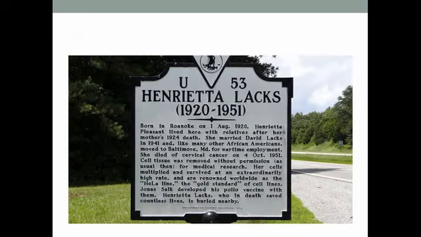I want to start with the story of Henrietta Lacks. You may have read the book that has been an important one called The Immortal Life of Henrietta Lacks. Henrietta was an African-American, poor American in Baltimore.